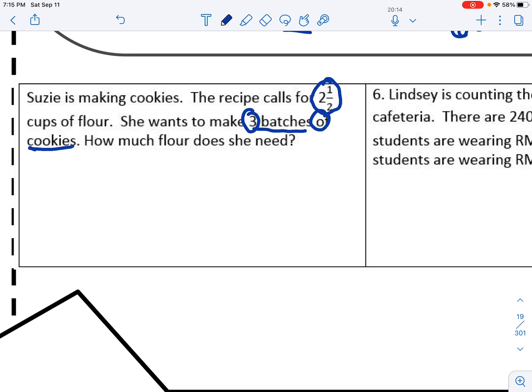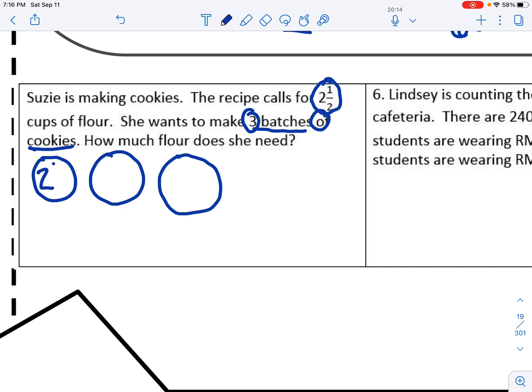Okay, so she's making 3 batches. You can draw a model. There's 1, 2, 3, and the recipe calls for 2½ cups each. So we're going to put 2½ in our batches.